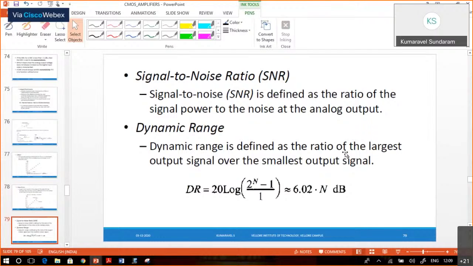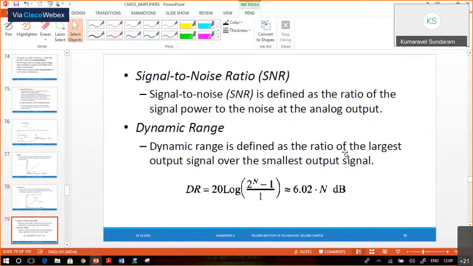And signal to noise ratio for Nyquist rate A to D converters, SNR is 6.02N plus 1.76. Based on the number of bits, the signal to noise ratio is defined. Dynamic range is defined as the ratio of the largest output signal over the smallest output signal.